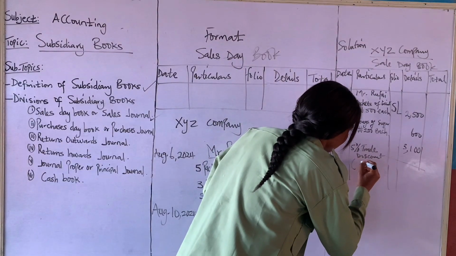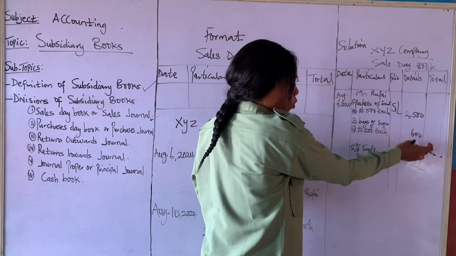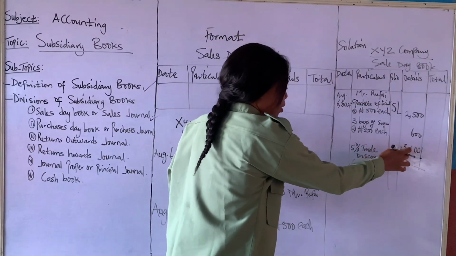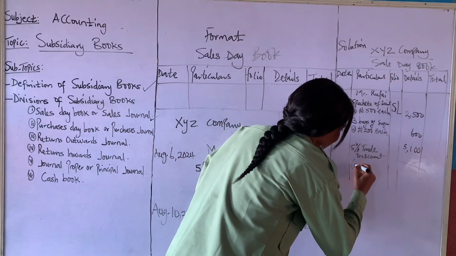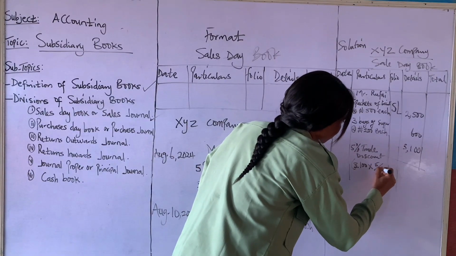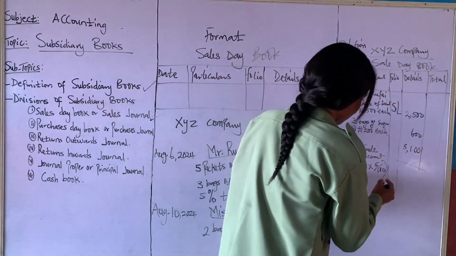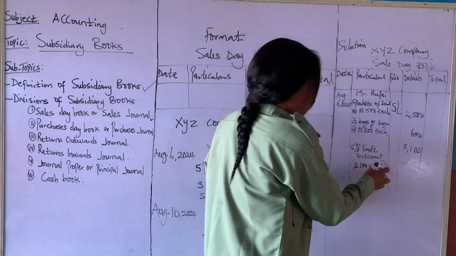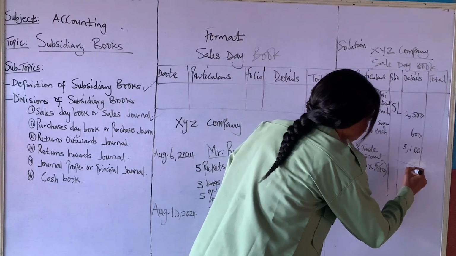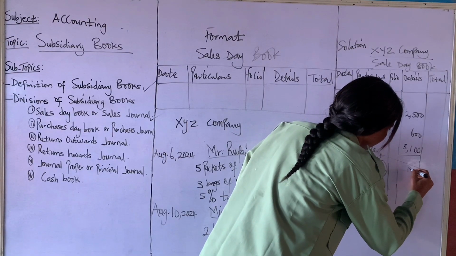And how do you get it? Bring in the amount, the lump sum. This is the actual amount he's supposed to pay for the product he purchased. But because he was granted a discount, there will be a reduction in the list price of that product. Just say 3,100 multiplied by 5 divided by 100. Anything percent is normally divided by 100. If you multiply this, you will be left with a discount of 155.